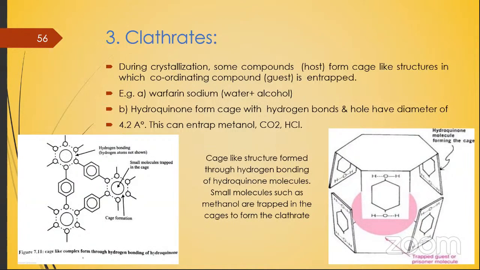Again I am repeating: synthetic metal aluminosilicates are used as molecular sieve, and these materials are used to store gaseous, volatile, and toxic substances by the mechanism of clathrate.